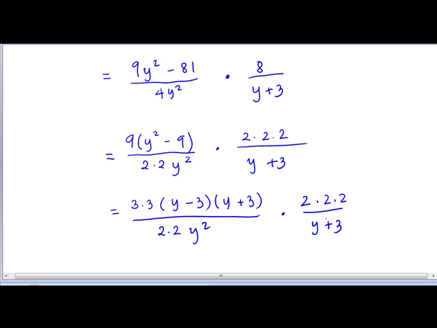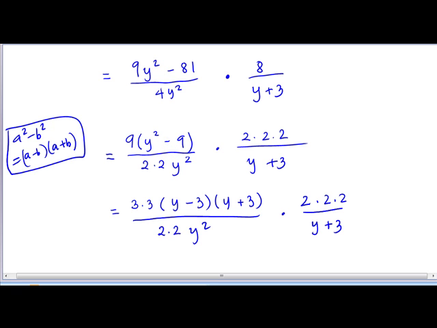Now remember, I factored from here to here, I got y minus 3 times y plus 3. That's because I remember the identity a squared minus b squared equals a minus b times a plus b. Therefore I used this formula here to factor this one.